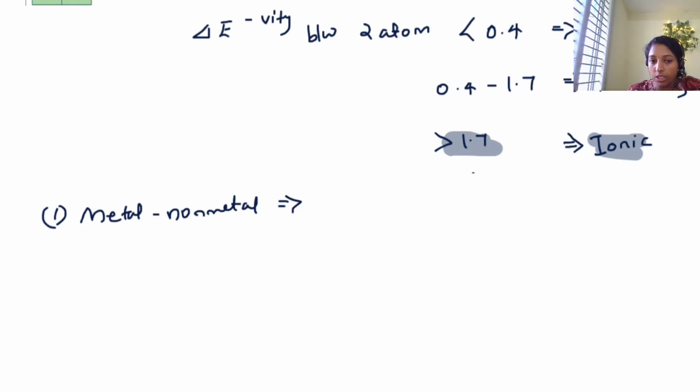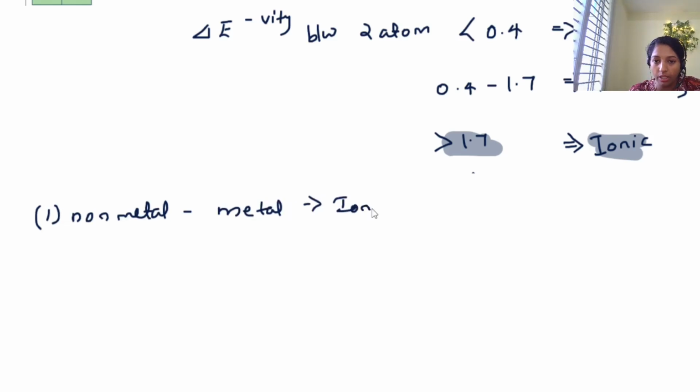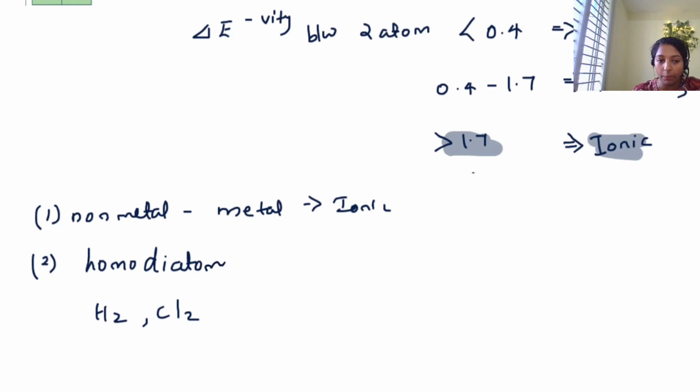What about polar or non-polar? Every homodiatomic element is non-polar. Homodiatomic means the same element, like hydrogen H2 or chlorine Cl2: homo means same element, and diatomic means two atoms. Since they are the same, the electronegativity difference is 0, so they are non-polar.